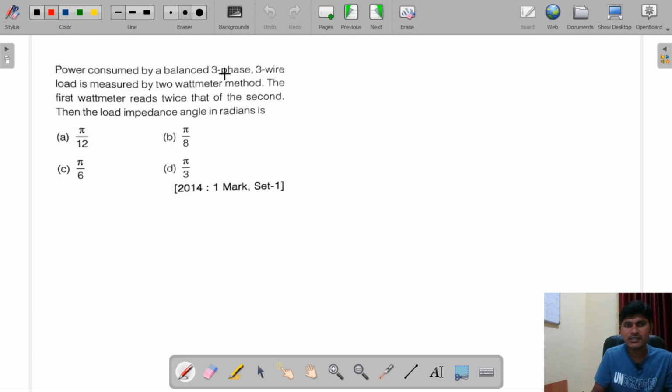Power consumed by a balanced 3-phase 3-wire load is measured by the 2 wattmeter method. The first wattmeter reads twice that of the second. Okay, so what is the load impedance angle? So you know tan phi is equal to root 3 into higher reading minus low reading.